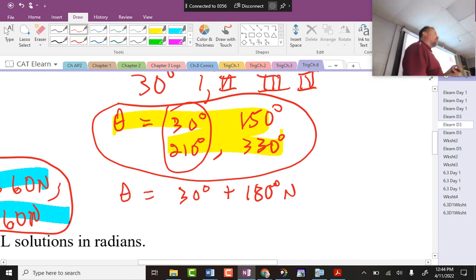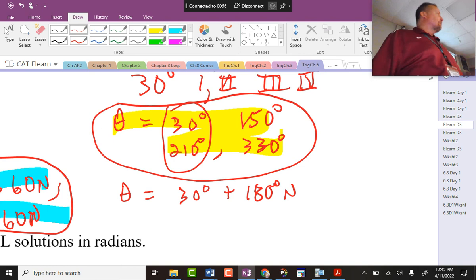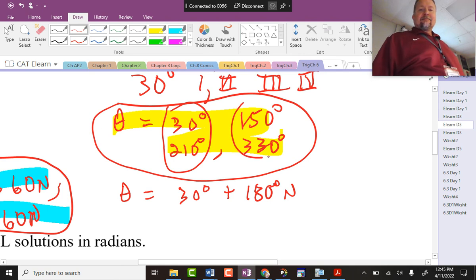Unfortunately, 30 to 150 and then 150 to 210 is not equal. 30 to 150 is 120 away. 150 to 210 is only 60 away. So I do have to kind of separate these into two different chunks, I guess. What's the other chunk going to be there, Matt? Take that chunk and do what? 150 plus 120.